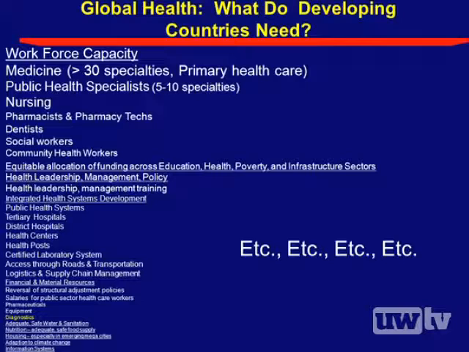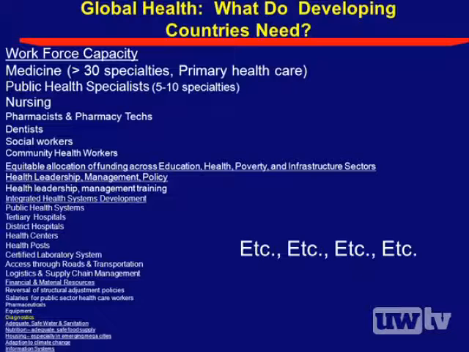Public health has about 5 to 10 specialties or departments in schools of public health. Nursing, pharmacists and pharmacy techs, dentists, social workers, community health workers, laboratory workers. And then there's a need for equitable allocation of funding across the continuum of development, education, health, poverty, and infrastructure. I'll come back to that one.